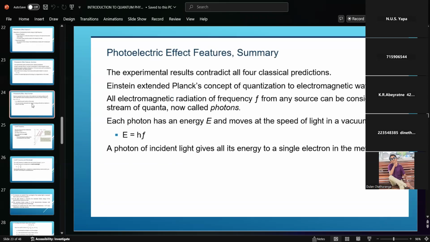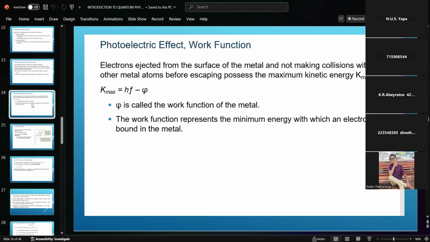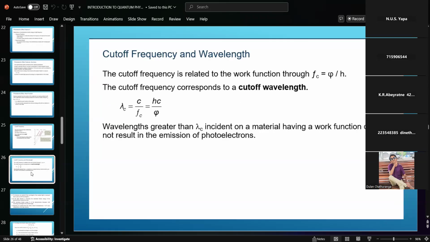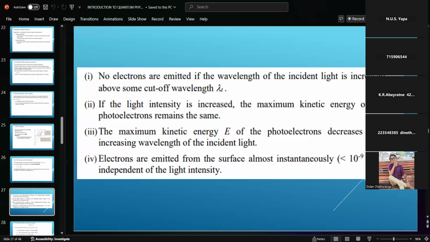You should have thorough knowledge about what the cutoff frequency is and what the work function is, right? After getting some questions, I want to explain these results again. Please understand and practice this. In the experimental observations, previously we compared with the classical predictions.